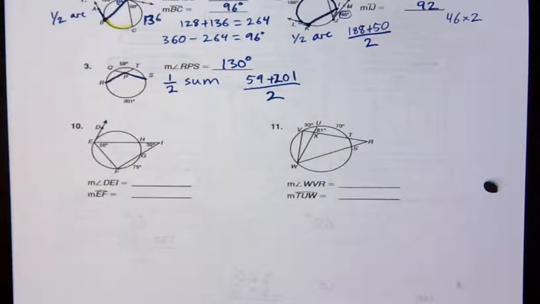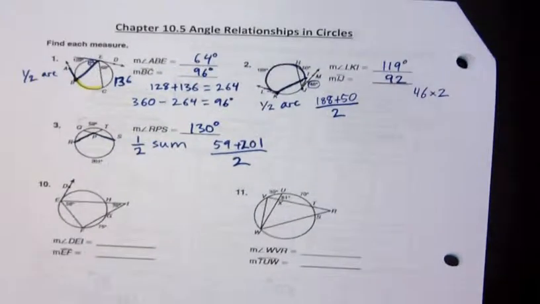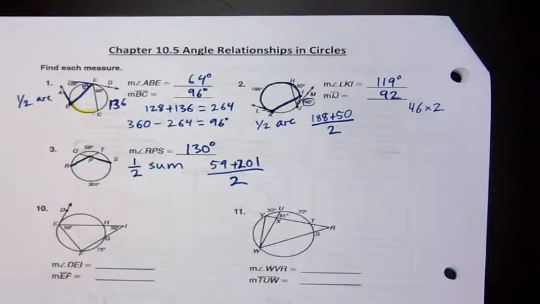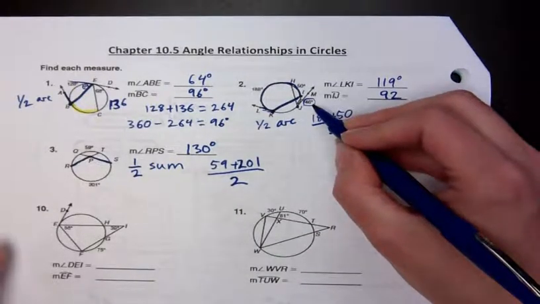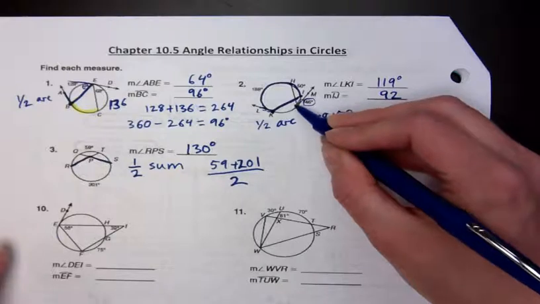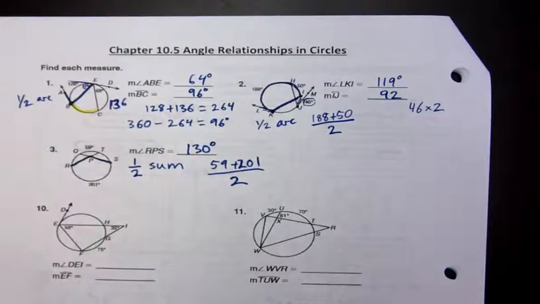What's your question? I have a question on 2. Why is it 92? Like, it makes no sense. That small little arc is 92. So things are not always drawn to scale. But isn't HI already 50? You're right. It's not drawn to scale. But we have to go by the numbers. Oh wait, I know, you're right. I made a mistake. We got to subtract the 50.